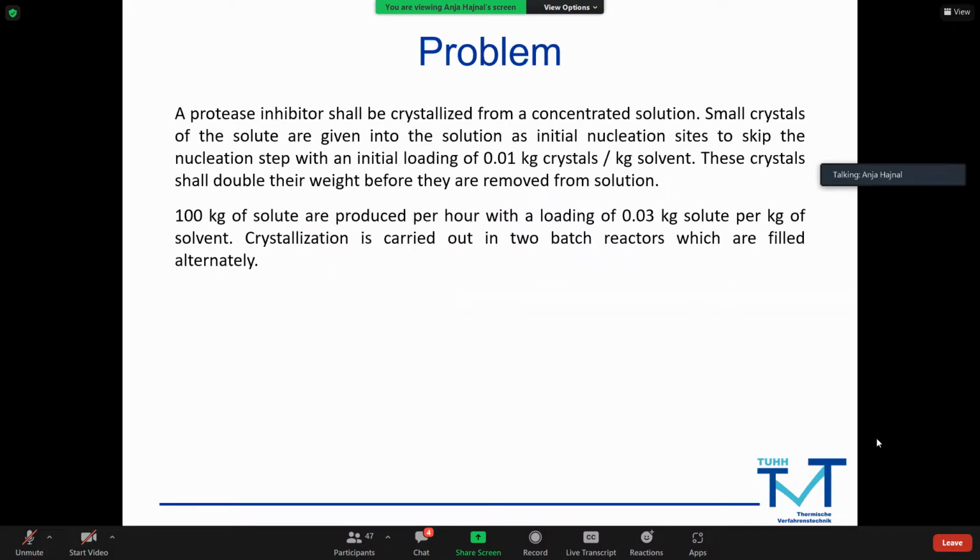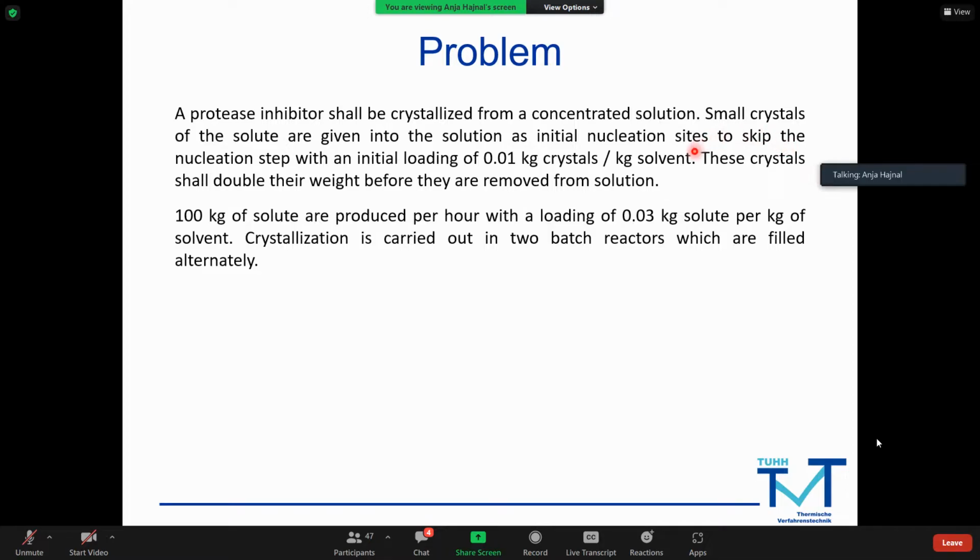All right. Now, in our exercise we have a protease inhibitor, so an enzyme that we need to crystallize from a concentrated solution. In this case, we skip the nucleation step by adding small crystals of the solute to the solution, with an initial loading of 0.01 kilogram crystals per kilogram solvent.